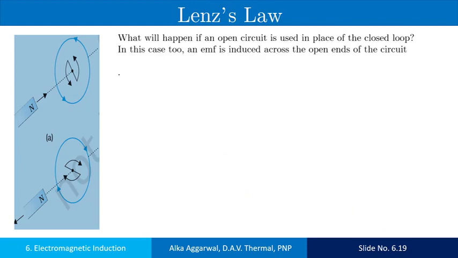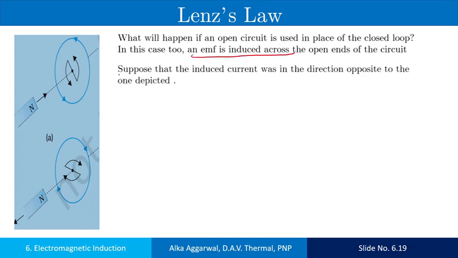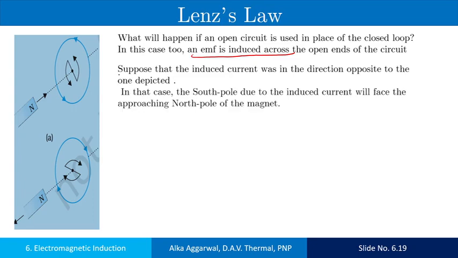Now, what will happen if the circuit is open instead of closed? It is not complete. In that case, instead of a current, an EMF is induced. Now suppose that when we are taking the north pole of the magnet towards the coil, the north pole is not formed. Instead of the north pole, the south pole is formed.